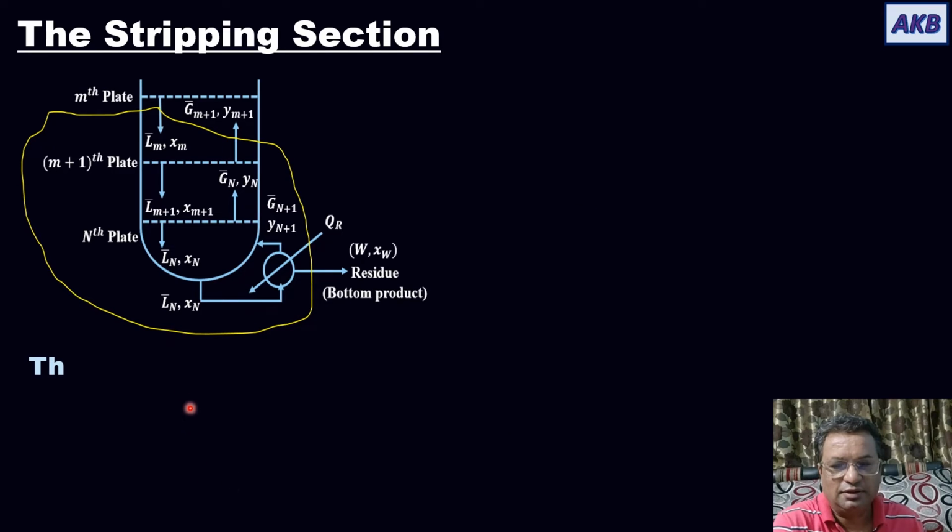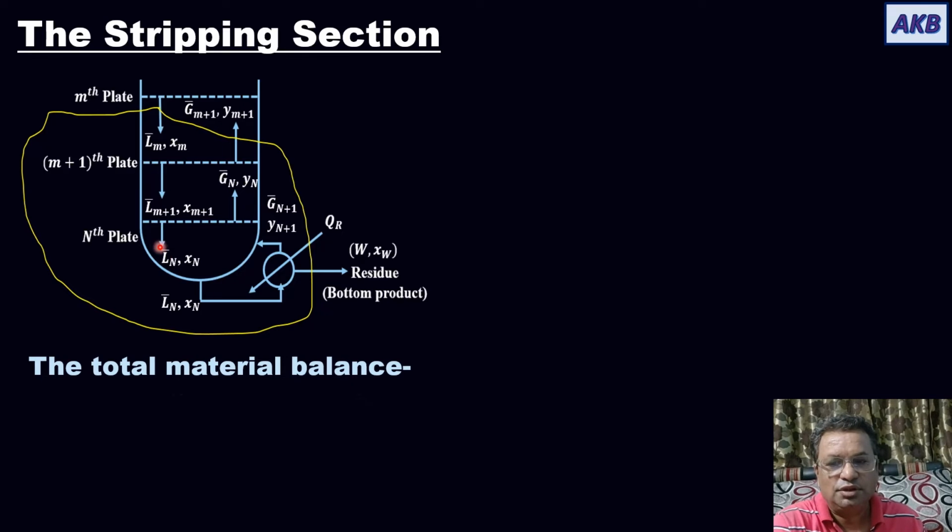Now let us take the material balances. First we will take the total material balance for the envelope. So I will simply draw the envelope over here for your understanding. Let the envelope be represented by this yellow rectangle. Then let us identify the streams associated with this envelope. One is the liquid stream that is coming from the mth plate, that is L bar m, xm.